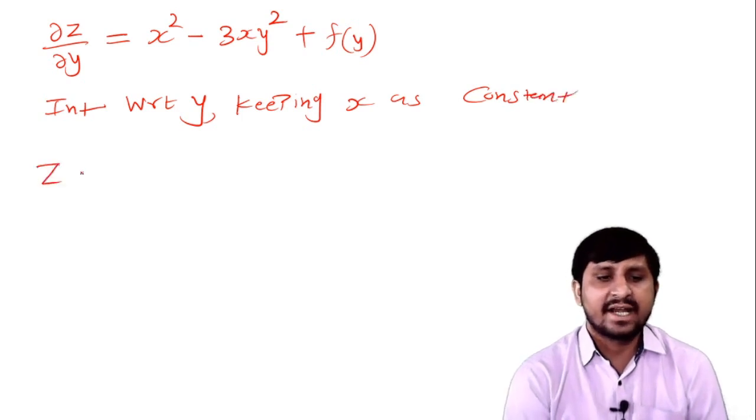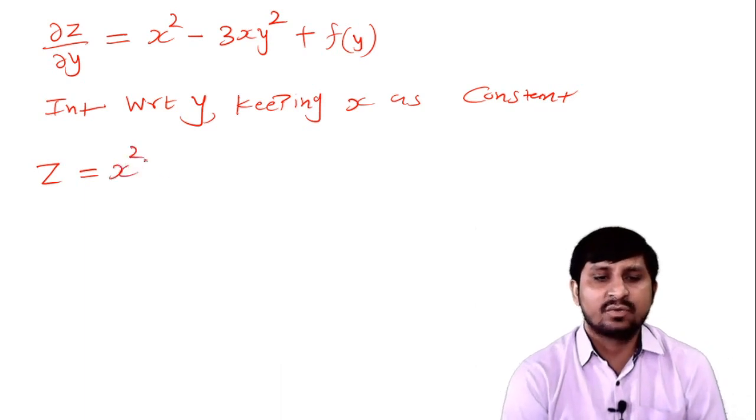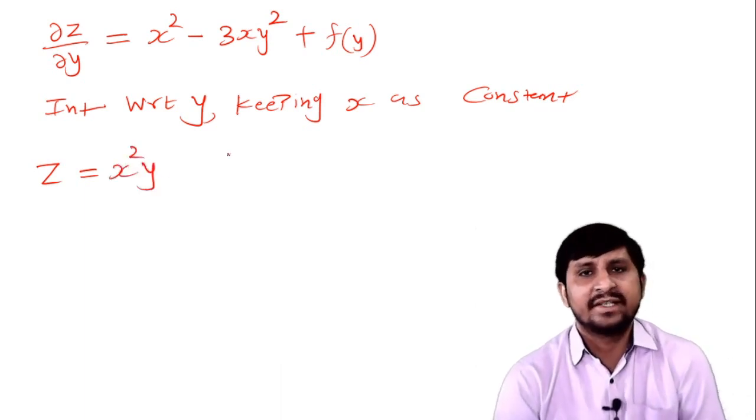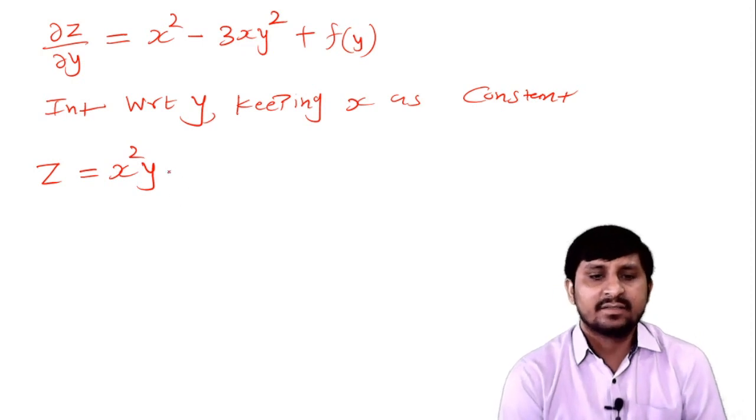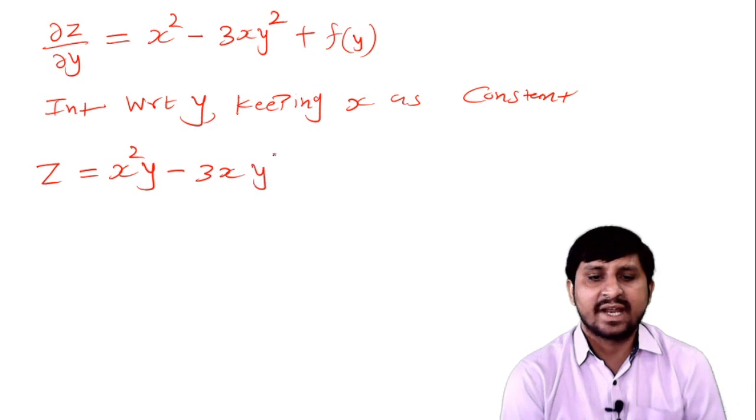So z is equal to integration with respect to y: x square y, since x square is a constant term and integration of 1 is y, then minus 3x times integration of y square, that is y cube by 3, plus integration of f of y.